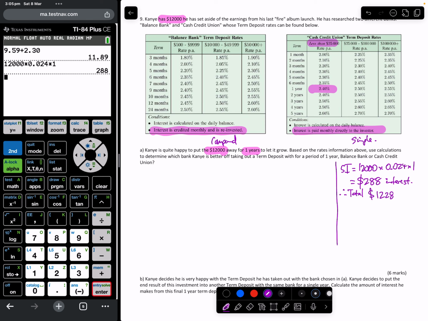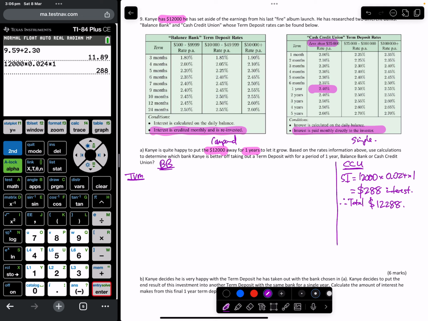So this one was CCU, Cash Credit Union. This one is Balance Bank. I'm going to do it both methods. TVM, because it's compound interest: N, I, PV, PMT, FV, PY, CY. Let's see what it grows to. So FV. 12 grand is going to be in this column for 1 year, 12 months, 2.5%.